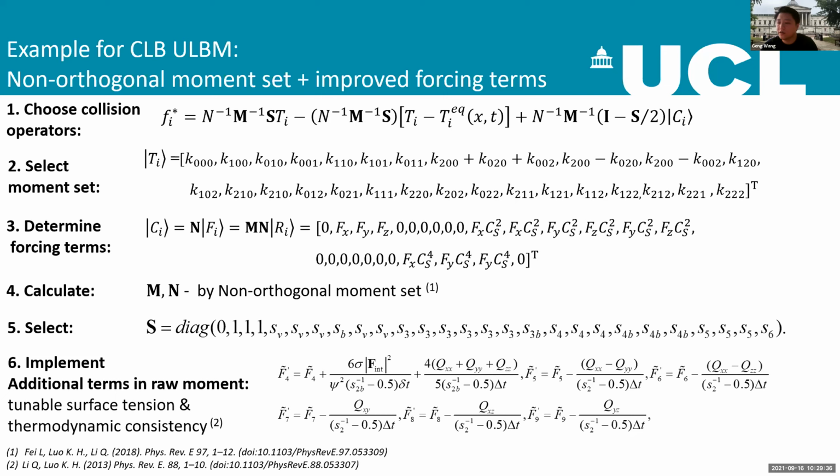Besides, we can also implement the entropic stabilizer for the high order relaxation parameters to satisfy the maximum entropy theory, which can also significantly increase the model stability. Finally, implement the additional terms. Here we implement the additional forcing terms proposed by Li et al. These forcing terms can achieve the thermodynamic consistency and the tunable surface tension.